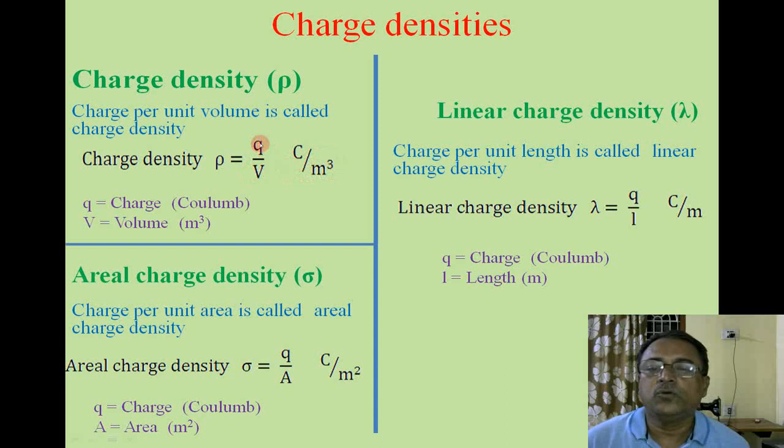So Q by V has a unit of coulomb per meter cube, and this is the unit of charge density, and Q by V is the quantity of charge density. And after that we go to another case, that is surface charge density or areal charge density.